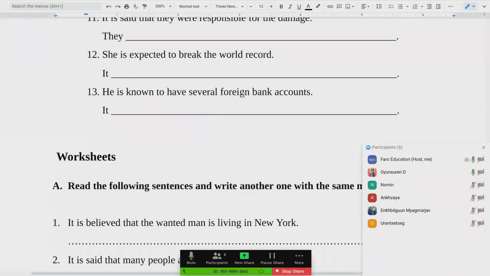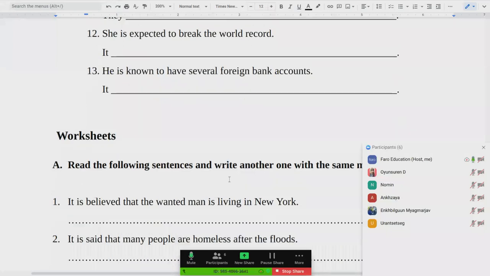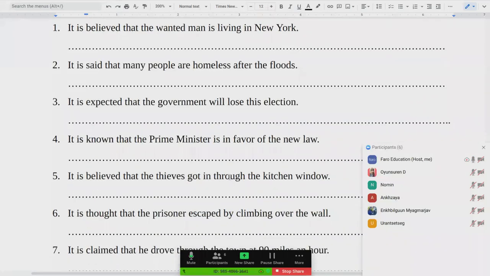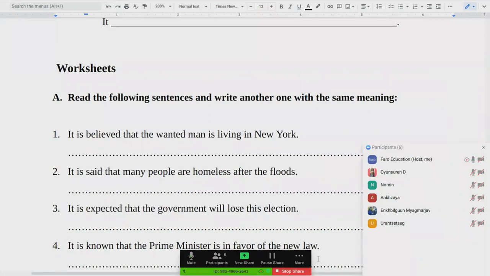It is known that he has several foreign bank accounts.